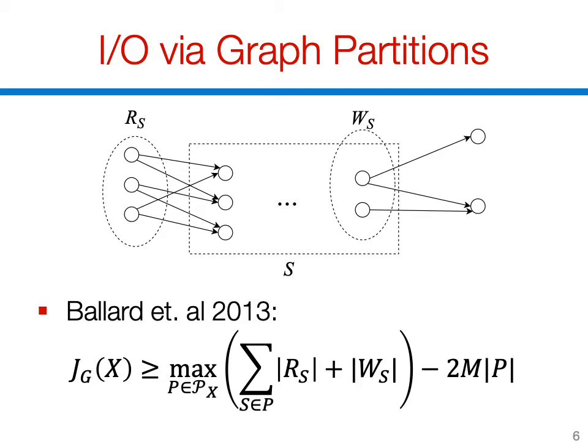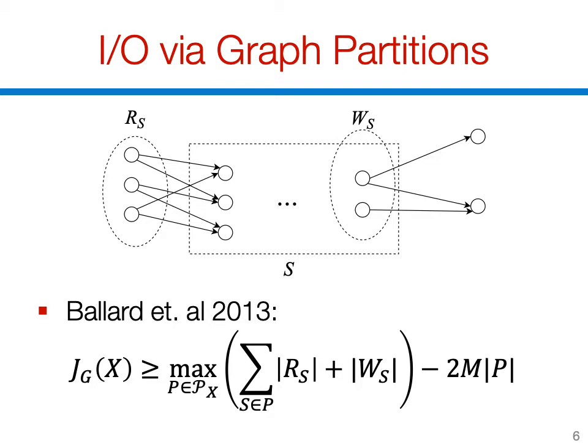Thus, they must be written out to slow memory or left in fast memory at the end of S. Since fast memory's size is only M, at least R plus W minus 2M IOs are going to be incurred by evaluating the nodes in S. Summing over all S in the partition, Ballard et al. derived this bound for an evaluation of x.